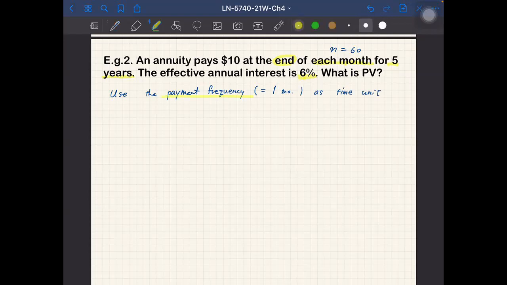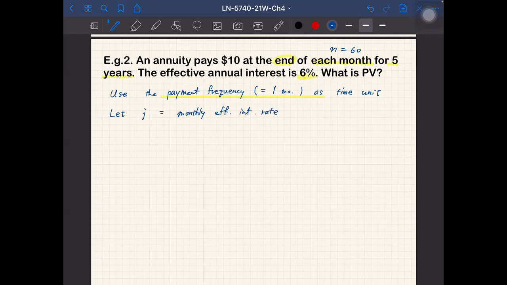So this is the key. The payment unit is 1 month, and the time unit is 1 month. Okay, so now we need the monthly effective interest rate, which we call j.